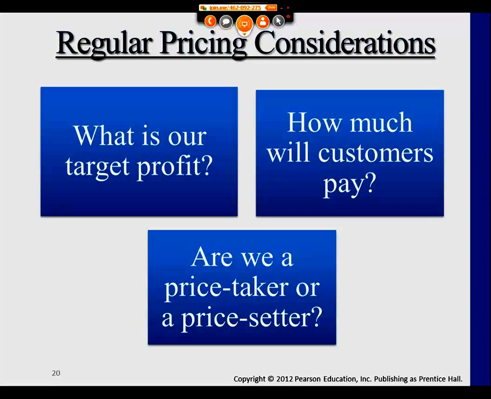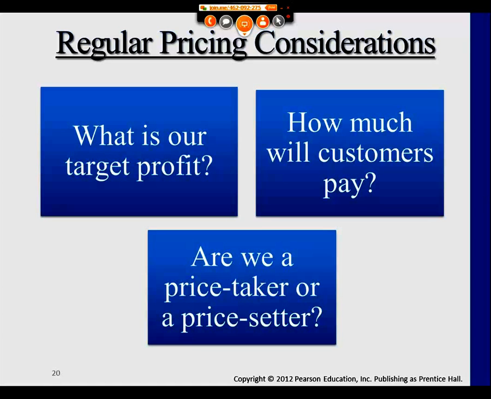So that's going to lead us to a second question. How much are customers willing to pay? Can we as managers just set the price at any point? No, we cannot. It has to be at the point where our customers are willing to pay that price. That has a couple of interesting ideas.